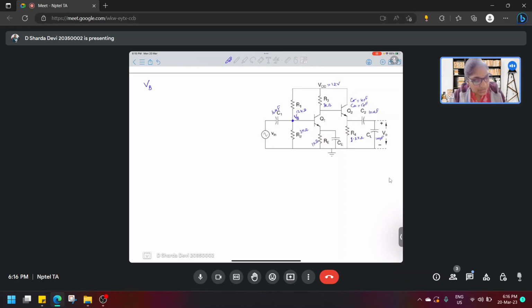So for this stage, VB1 is 12 into 3 upon 3 plus 12. So here we'll get 12 by 5, so VB1 is 12 by 5, which is 2.4.